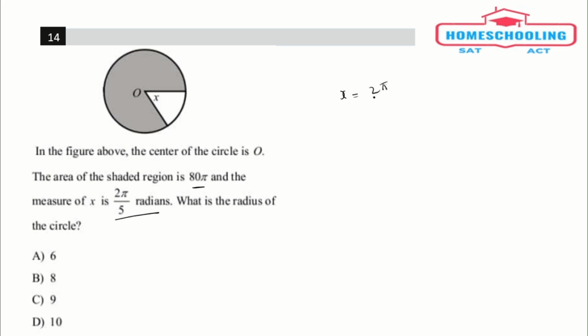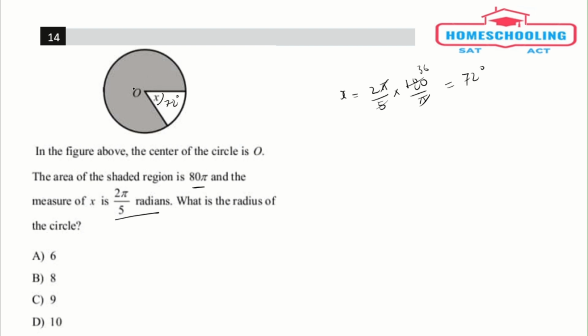So 2 pi by 5 into 180 degrees by pi is going to be 72 degrees. So this angle is 72 degrees.